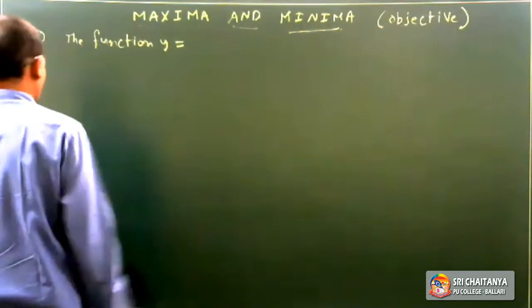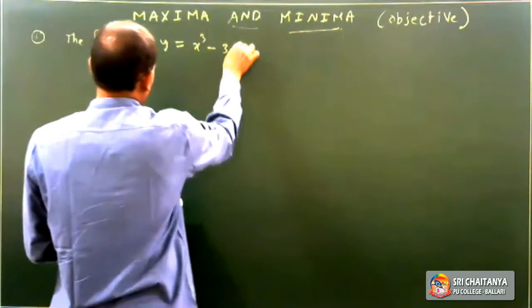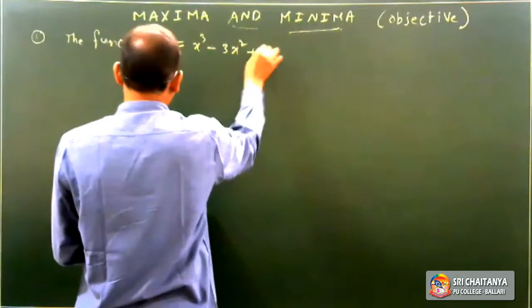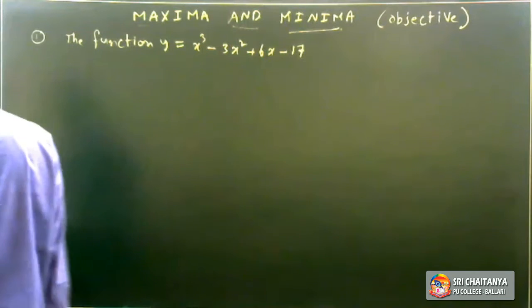y is equal to x power 3 minus 3x square plus 6x minus 17.